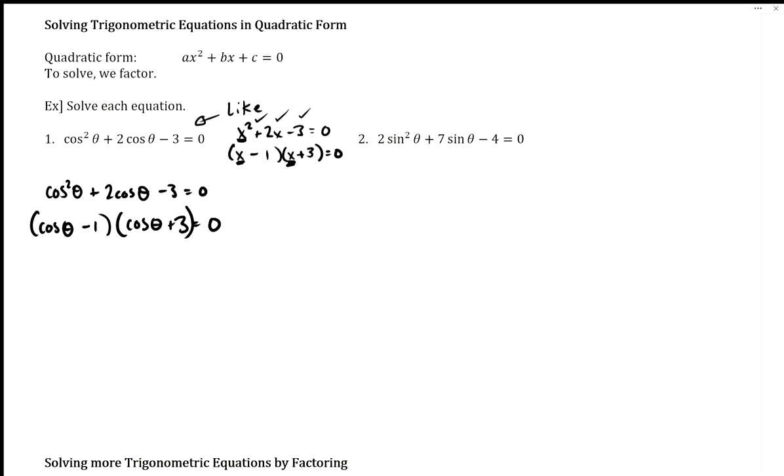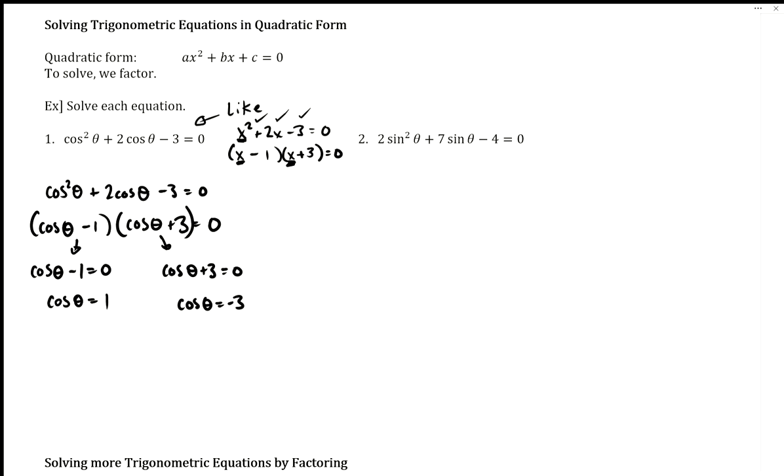And now that we have expressions factored and set to 0, we can separate them individually and have them set equal to 0. So cosine of theta minus 1 can be set equal to 0. Cosine of theta plus 3 can be set equal to 0. And then we can get our trig function by itself. So on the first one, we'll just add the 1 over. On the second one, we would subtract the 3 over.